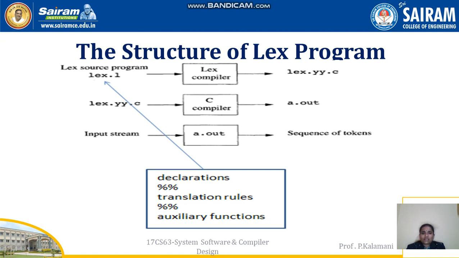How does the Lex tool work? Before that, we'll see the structure of a Lex program. Like a C program, which everyone knows. Initially we have the declaration. In the declaration part itself we can give the header files, and if we want to define any macros we can give, like #define pi 3.14. Global declarations can be made there.